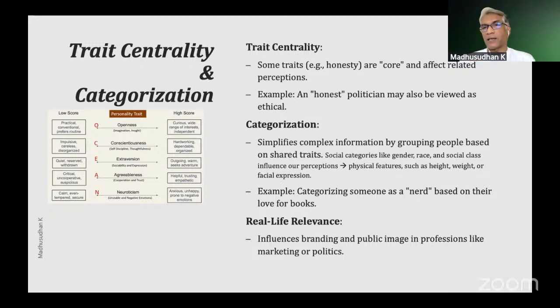Social categories like gender, race, and social class, whether middle class, lower class, high middle class or rich, influence our perception. You look at an individual shouting on the road, and based on his dressing attire you decide whether he's useless or whether he is shouting for some cause or reason.